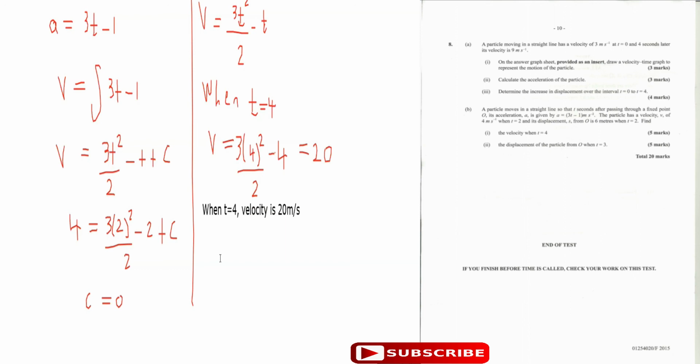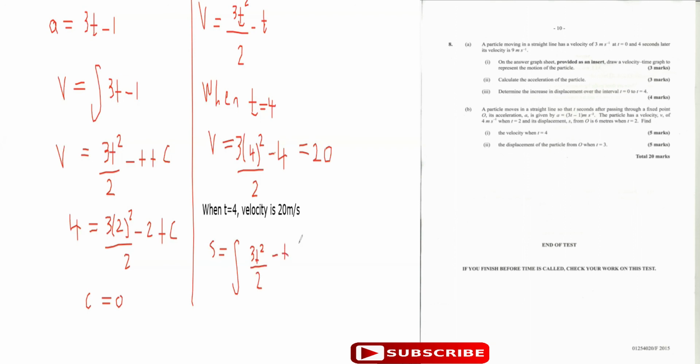Nice. Now the next part of the question says find the displacement of the particle when t is 3. So now we need to find displacement. Now I call the distance s. S is equal to the integral of v. So we need to integrate 3t squared over 2 minus t to get the formula for s.